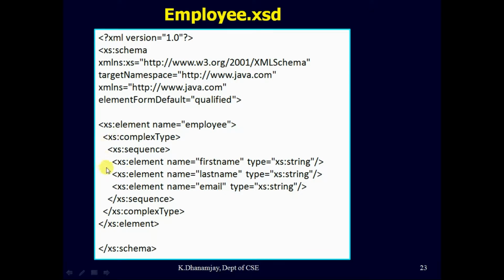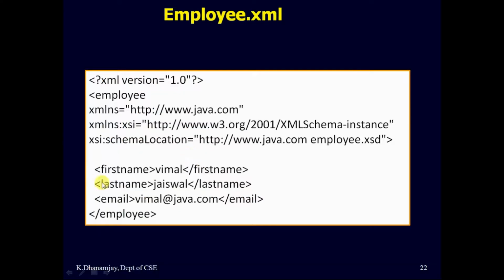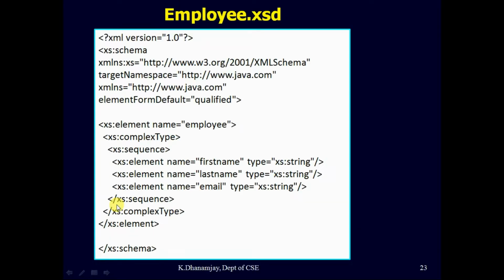Now this is whatever I specified earlier: I gave information about the element name, the complex type, the sequence, the element, and the different attributes, right? So whatever the XML names, whatever the tags, first name, last name, email, the same thing you have to specify here, and the same root element name you have to specify here. Then only it will be valid and give an output for your program.